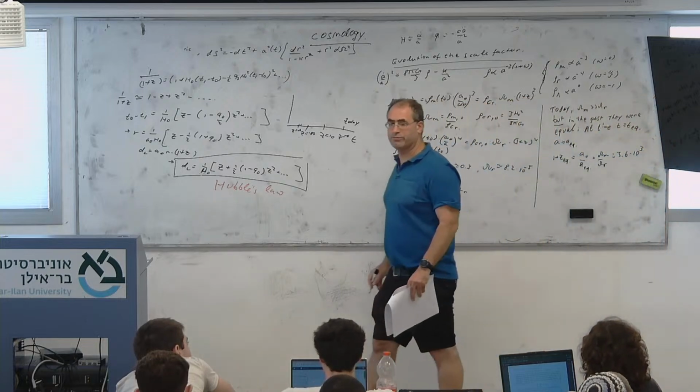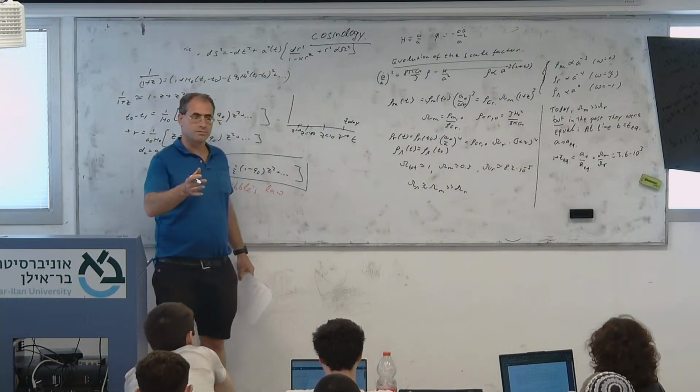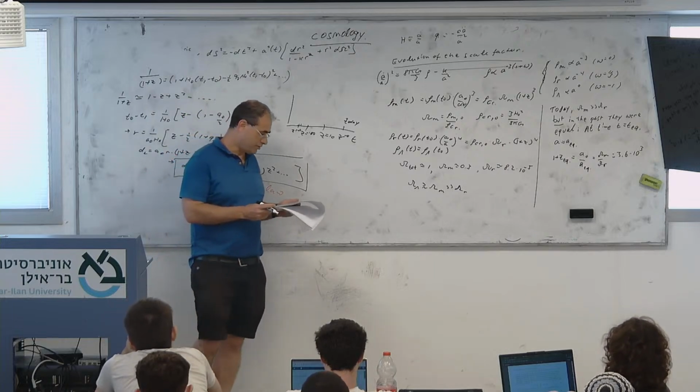So at a redshift of 3600, the universe was equal in radiation and matter in terms of energy.